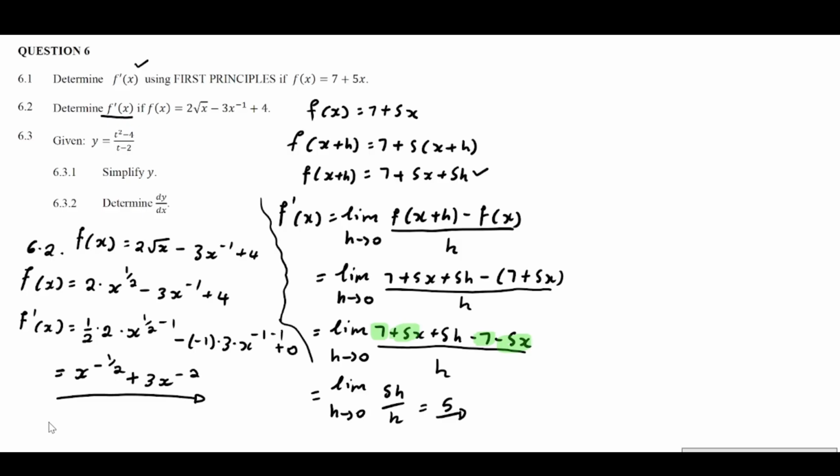But if you want to express this in positive exponents, it's going to be 1 divided by the square root of x plus 3 divided by x squared. So this is one form of writing the same thing as the one up here. All right.